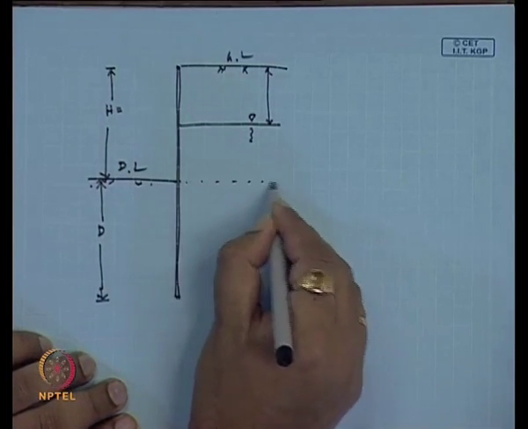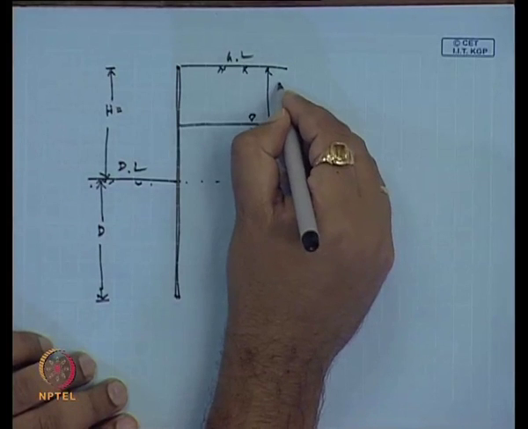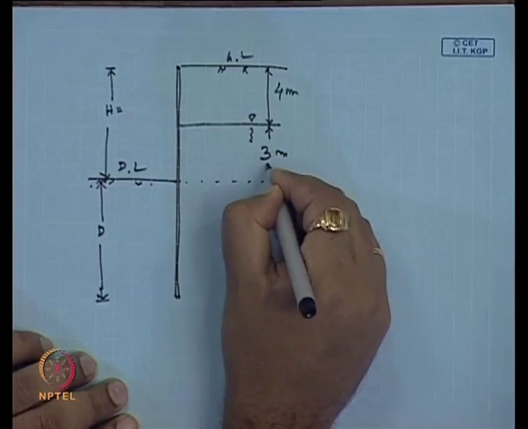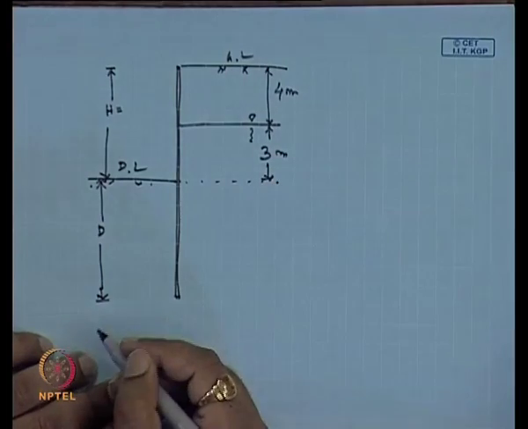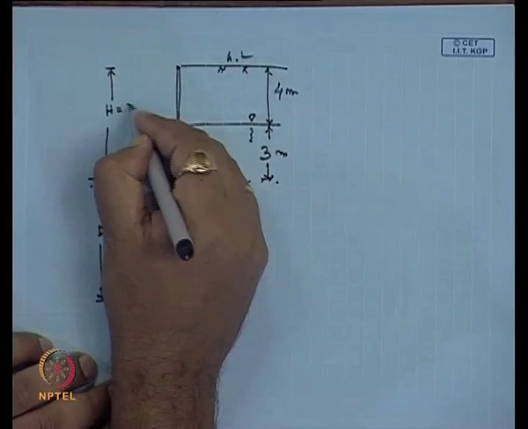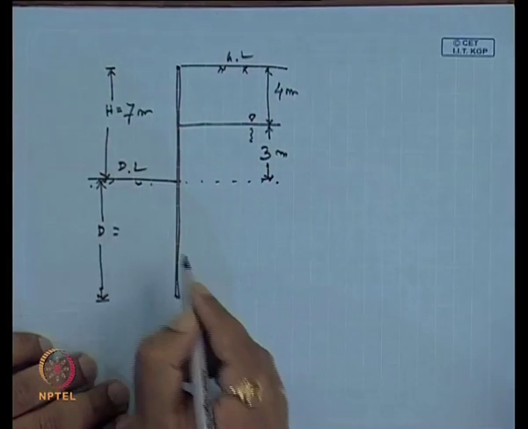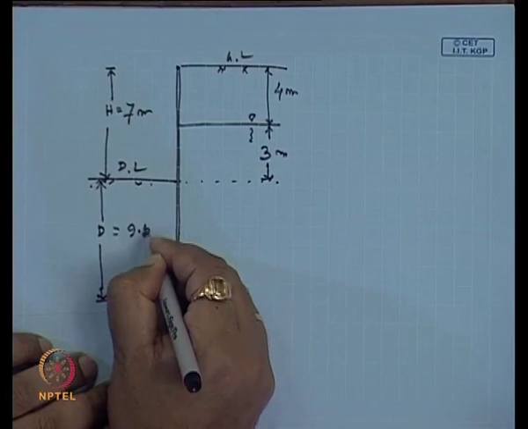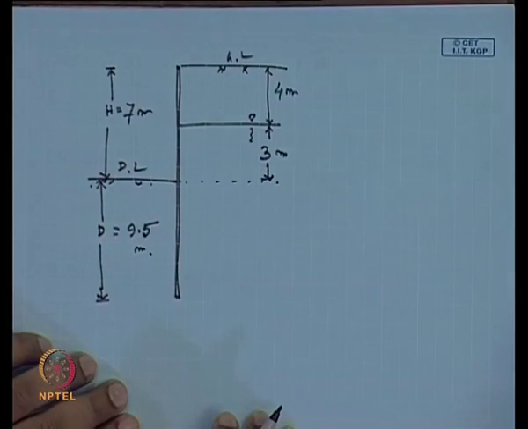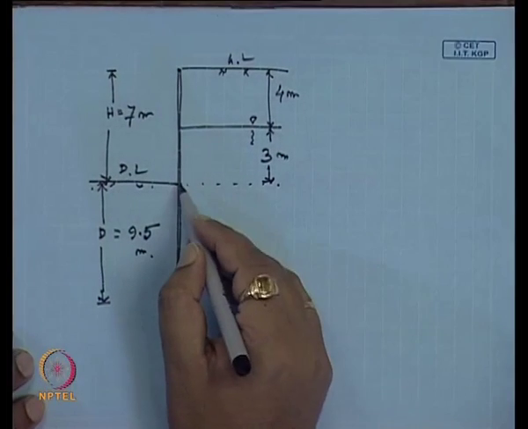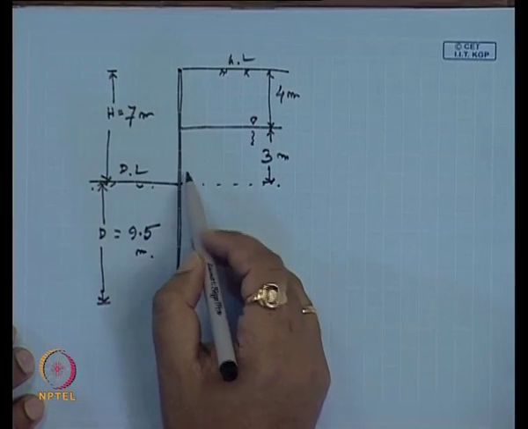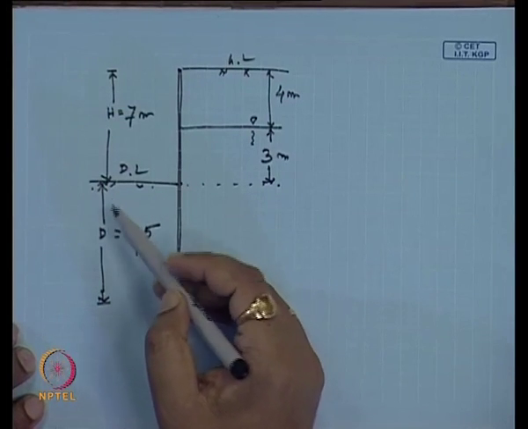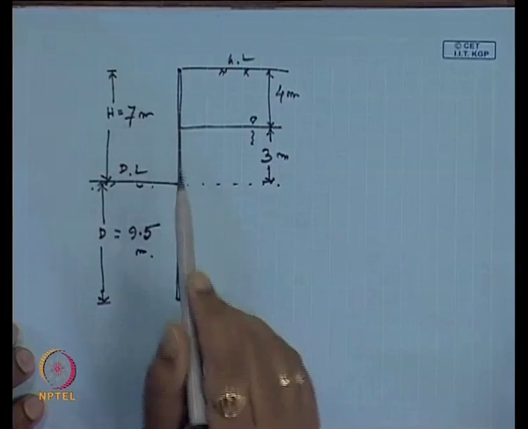So, this is the dredge level line. Here this is 4 meter and this is 3 meter. So, H will be 4 plus 3, 7 meter, but the D that we are providing is 9.3 or 9.5 meter. So, we can see the depth of the sheet pile below the dredge level, this D value, is much higher than the H value.